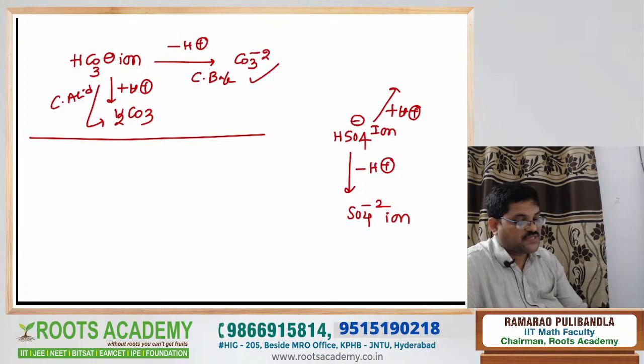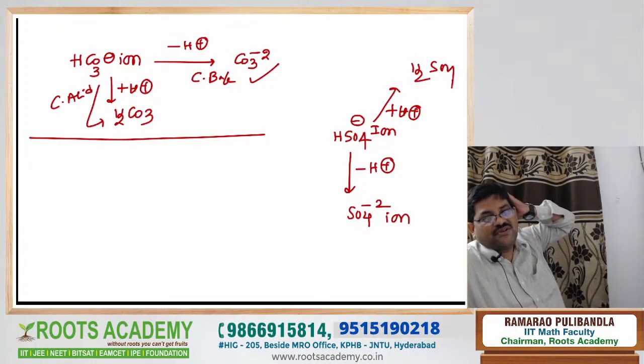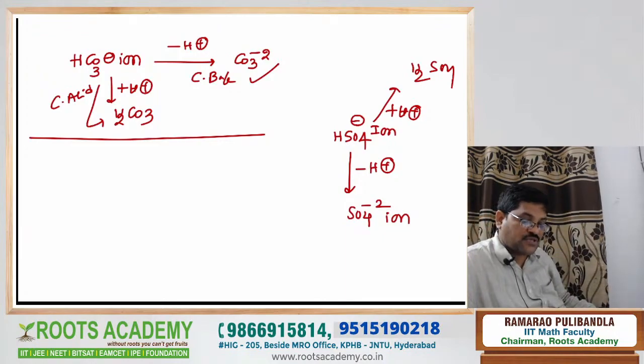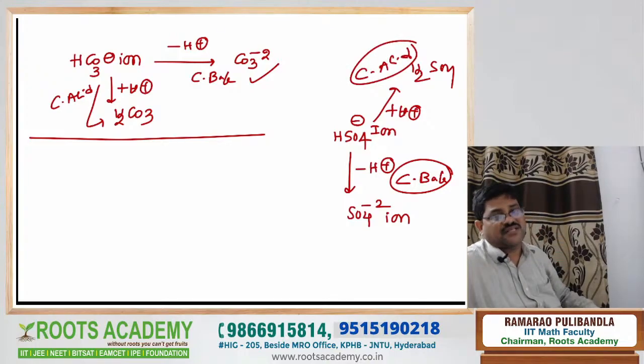Definition of base: H plus ion acceptor, and you get H2SO4. Understood? Very easy, Nana. Loss of H plus ion is called acid, nothing but the conjugate base. Acceptance of H plus ion is called base and forms the conjugate acid. Simple logic, Nana.